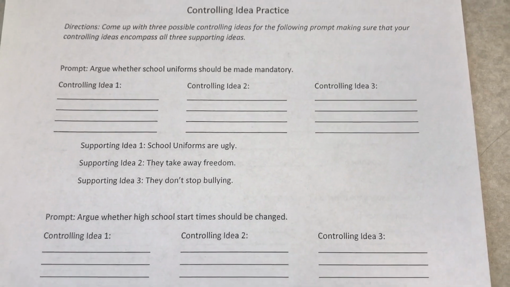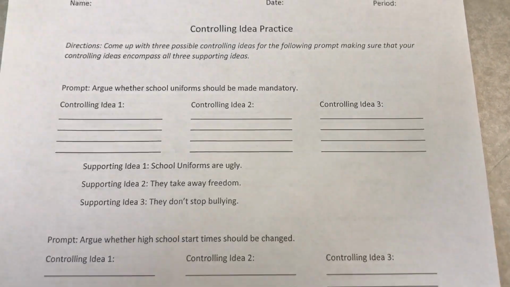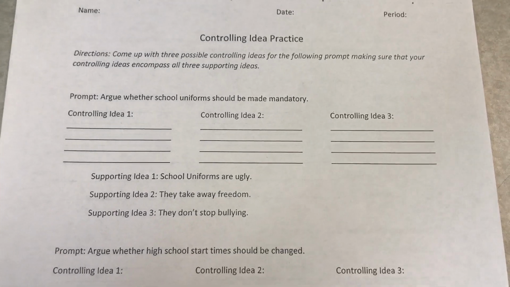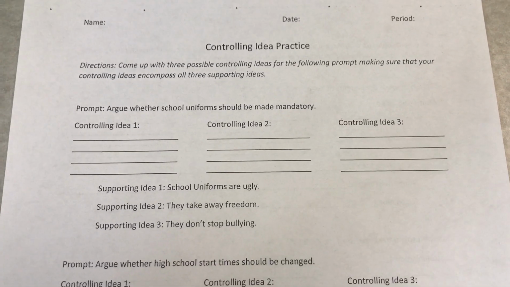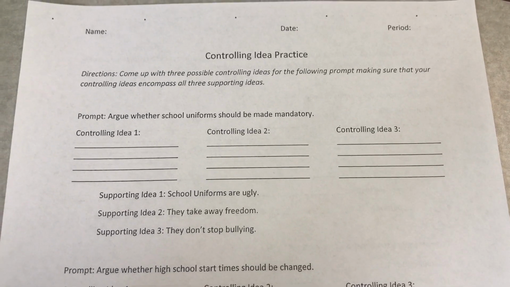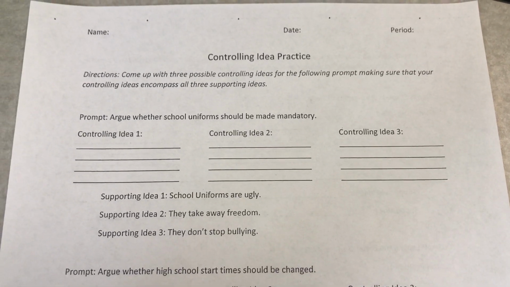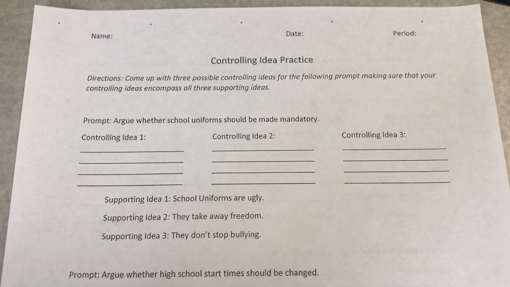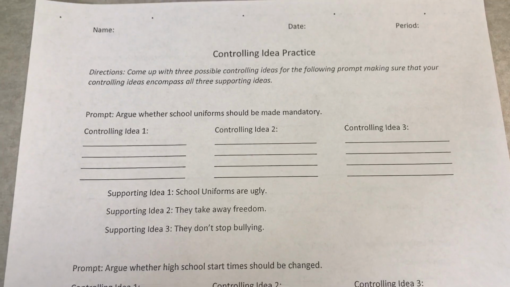But maybe I can say for my controlling idea, they don't serve their intended purpose because school uniforms are ugly. So even if it's not your classmates making fun of you, you don't look good out in public, right? They take away freedom. You lose the freedom to express yourself, and they don't stop bullying. You're going to get made fun of regardless, if you're one of those people that gets made fun of.